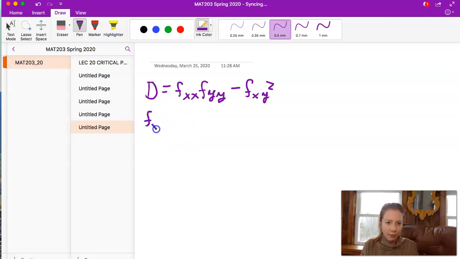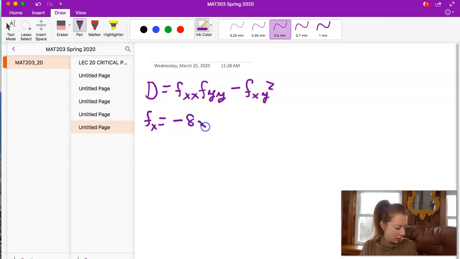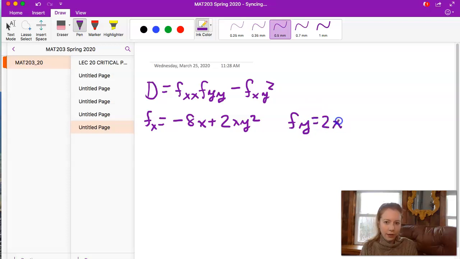So remember that our first partial with respect to x was minus 8x plus 2xy squared. And our first order partial with respect to y was 2x squared y plus 3y squared minus 9.